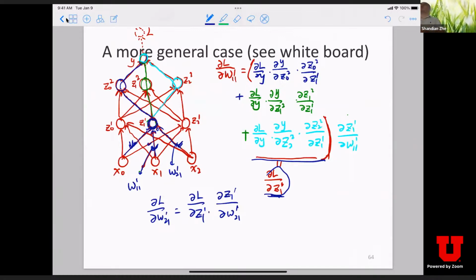This is the key idea of back propagation. So what is back propagation? It will sequentially compute the partial derivatives of the loss with respect to every neuron in every layer. Then we will move back one layer, and you're going to leverage the results from the previous layer to compute the partial derivative with respect to the current neurons in the current layer.